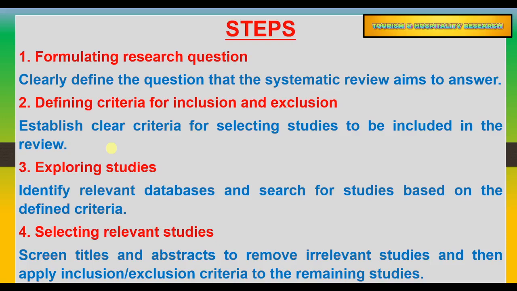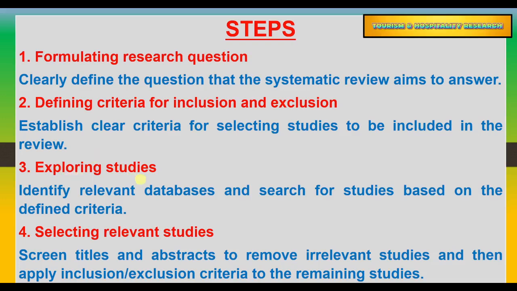So that's spanning a period of 25 years. So you can decide upon the relevance of your study and then decide which studies you want to include or which you want to exclude.